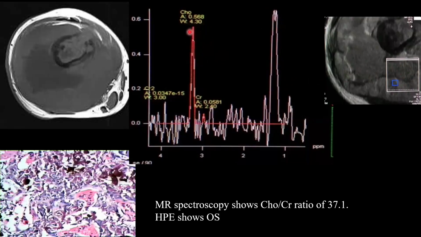If you measure the choline creatine ratio, most MR scanners can measure it. Here in this patient we calculated it to be around 37, and we did a biopsy from the solid non-necrotic area. It shows features of osteosarcoma.